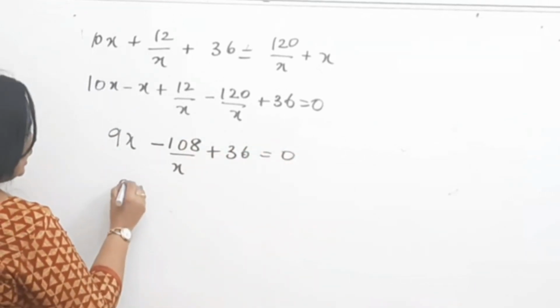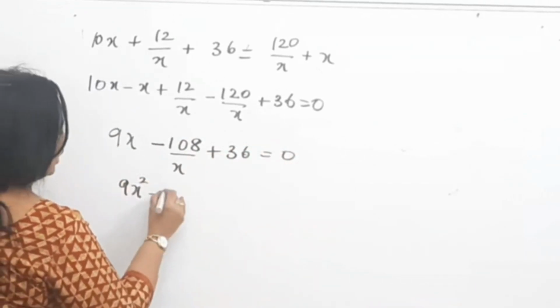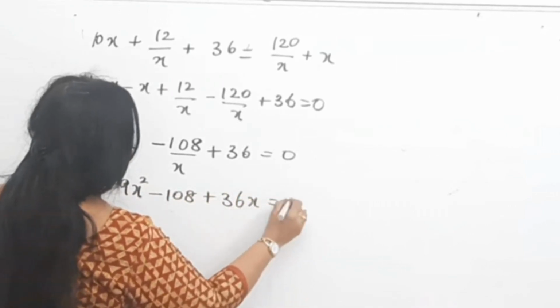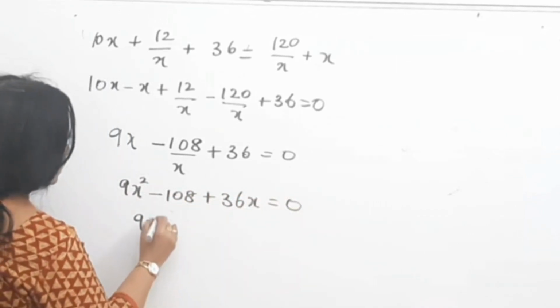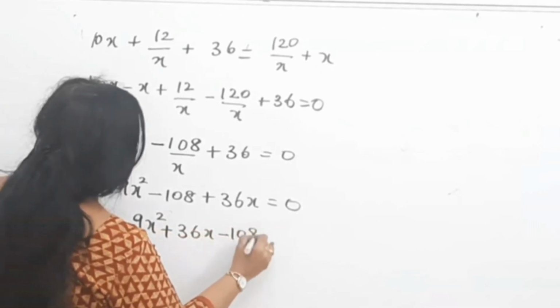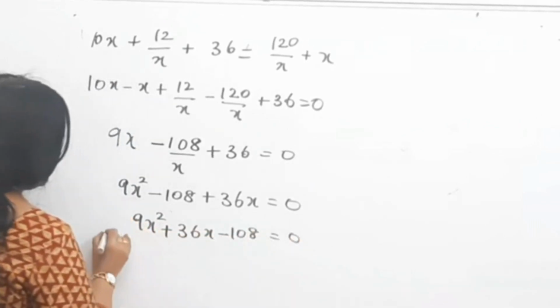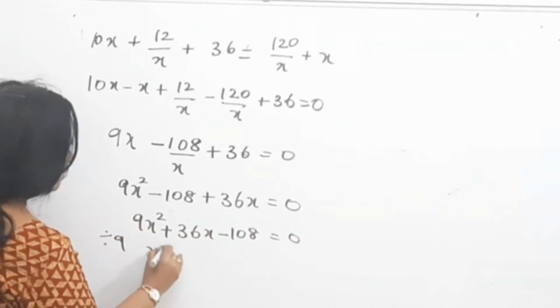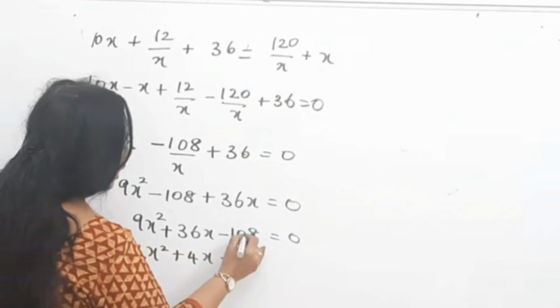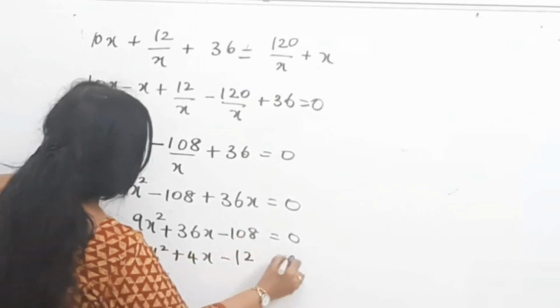Now take the LCM: 9x square minus 108 plus 36x equal to 0. I arrange it in standard form, 9x square plus 36x minus 108 equal to 0, dividing by 9, I get my equation x square plus 4x minus 12 equal to 0.